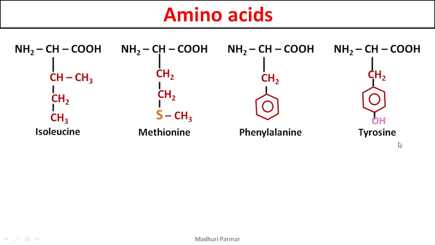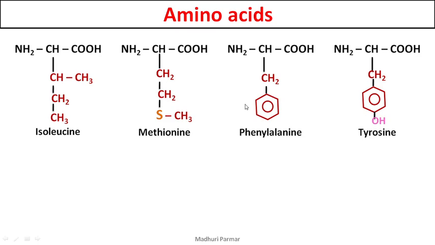Tyrosine is an amino acid found abundantly in cheese, and it has that cheesy smell. You know how fermented cheese smells; it is the smell of tyrosine. Clear? So this is the structure of tyrosine. It is just phenylalanine with one OH group.